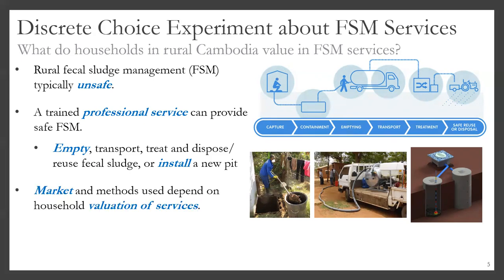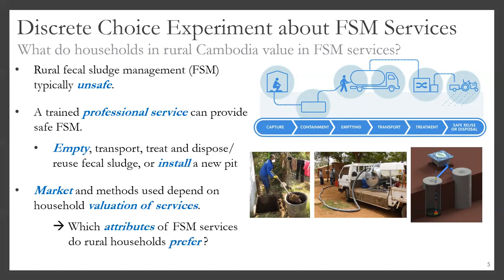The market and methods that are used by FSM service providers is going to depend on the household's valuation of those services. So we ask the question, which attributes of FSM services do rural households prefer? Using a discrete choice experiment, we describe the stated preferences and willingness to pay for different FSM service attributes.